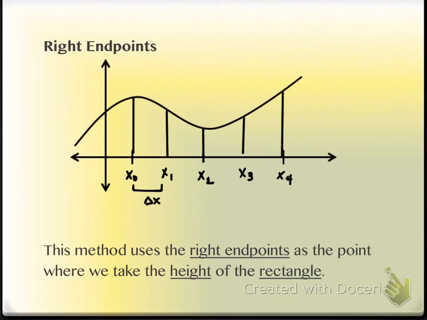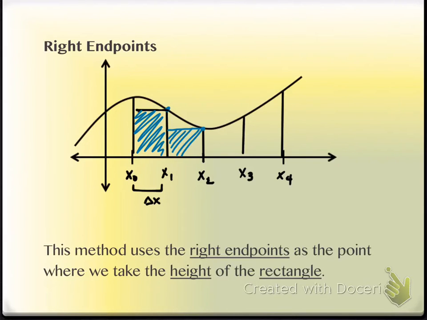So between x0 and x1, which height is it that we're going to be using? The right one. So that would be the height at x1 right here, correct? And so this is the area of the first one right here. Definitely an underestimate, yeah? Second one, between x1 and x2, which one will determine the height? x2.